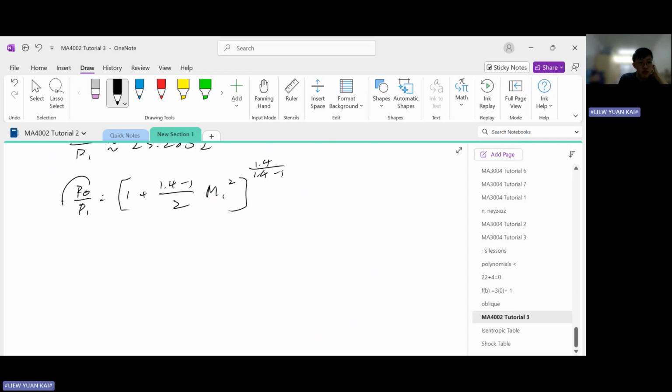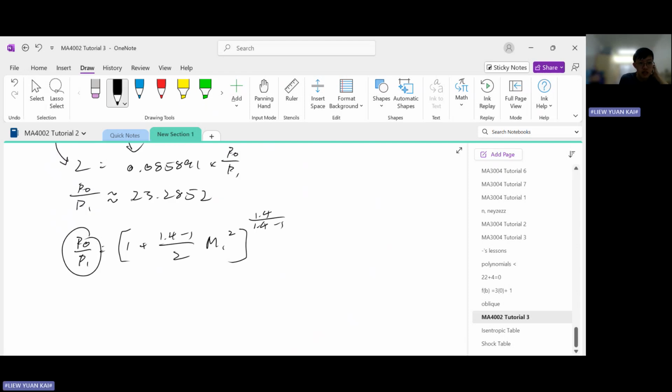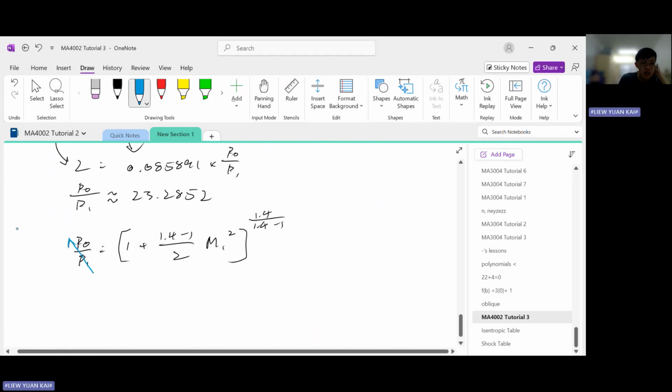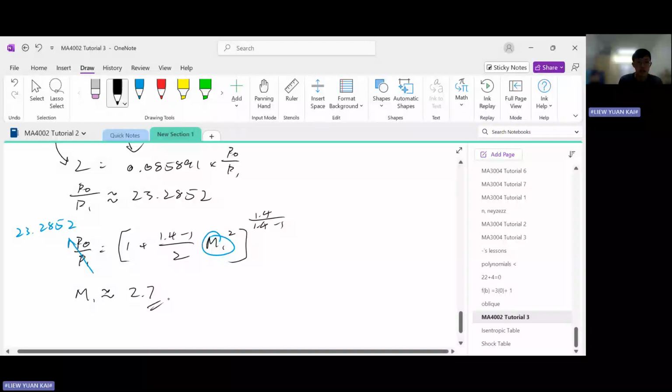This value is equal to what we found just now, so go ahead and replace it with 23.2852, and you realize that your only unknown is M1. If you solve this equation, M1 will have a value of 2.7. So this is correct.